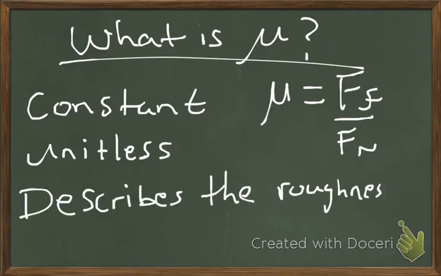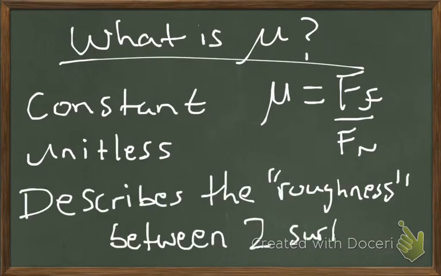And what it really is, it describes how rough two surfaces are. So you probably already intuitively know this, you just weren't really aware of it yet. Different surfaces have different roughnesses to it. So if you were dragging a wooden crate across ice with a certain amount of force, you'd get very little friction.